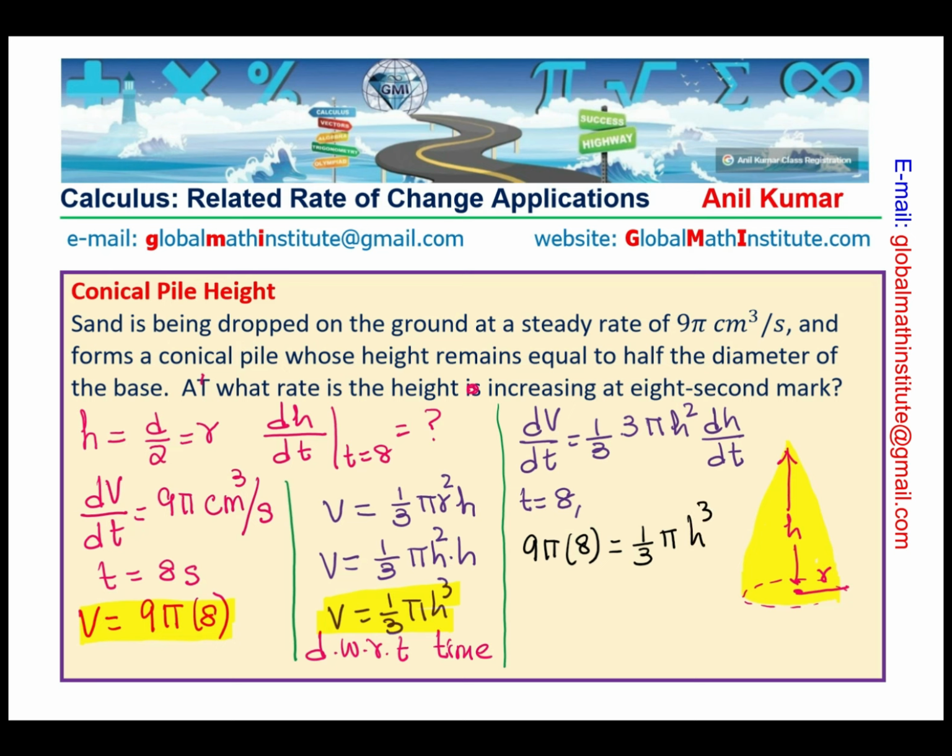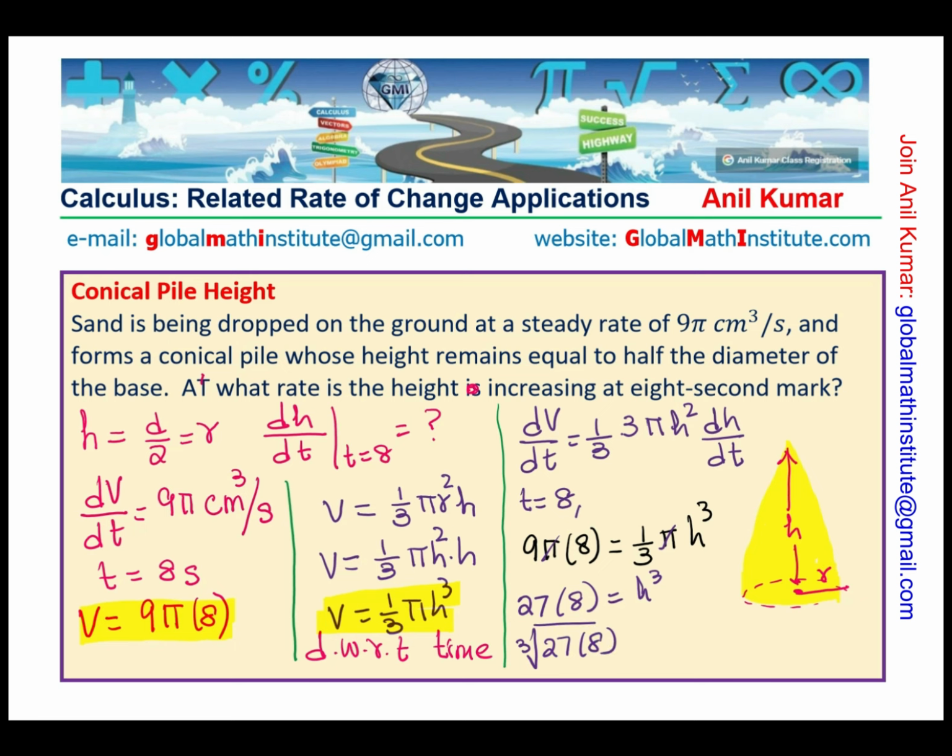So you can cancel pi and pi, it becomes much simpler, and multiply by 3, so you get 27 into 8 is h cube. So the cube root of this is what height is. Cube root of 27 is 3 and of 8 is 2. So we get height as 6. You get the idea. So we know the height.